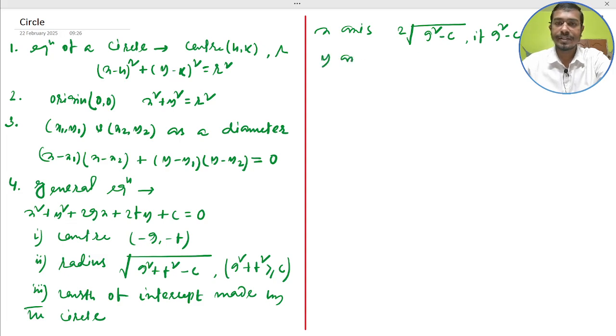And for the y-axis it would become twice square root of f square minus c, if f square minus c is greater than or equal to 0.